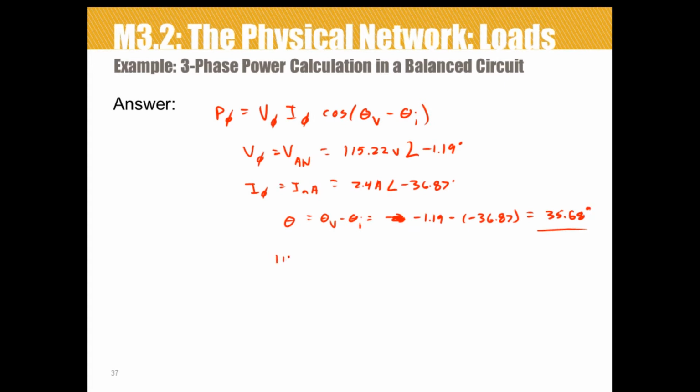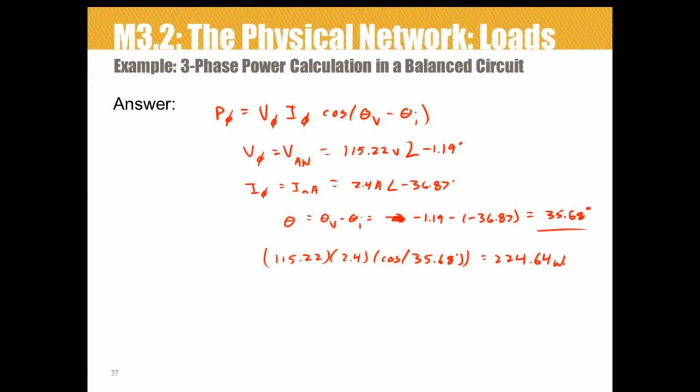So that's 115.22 times 2.4 times the cosine of 35.68 degrees. And you get power in a single phase is 224.64 watts. That's for each of the phases, right?